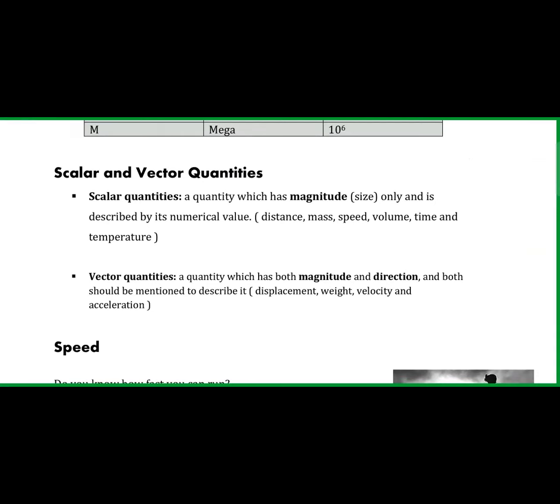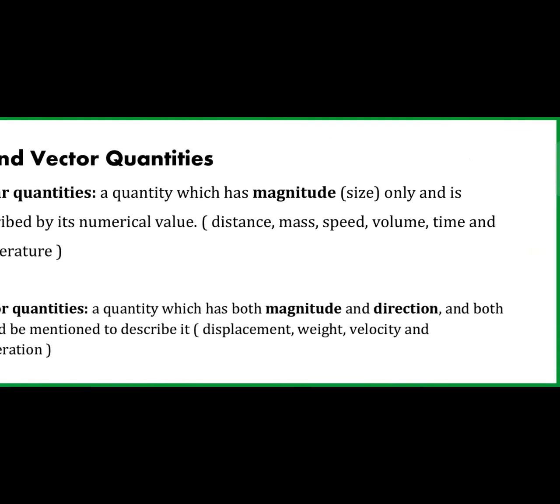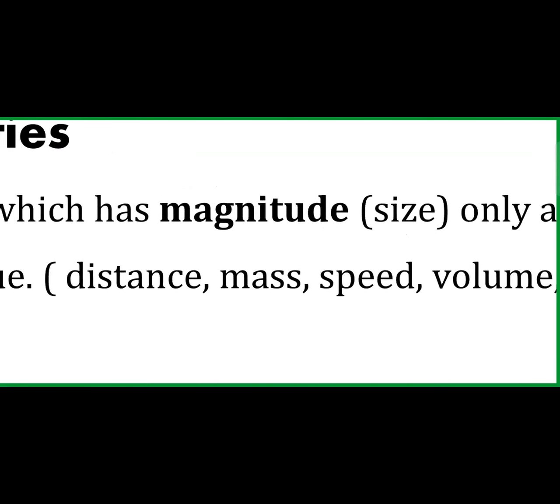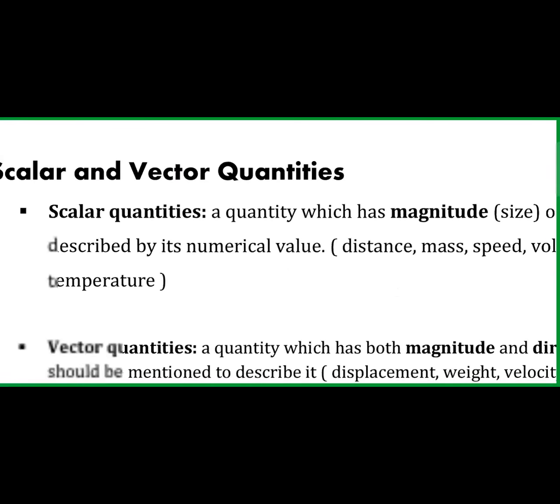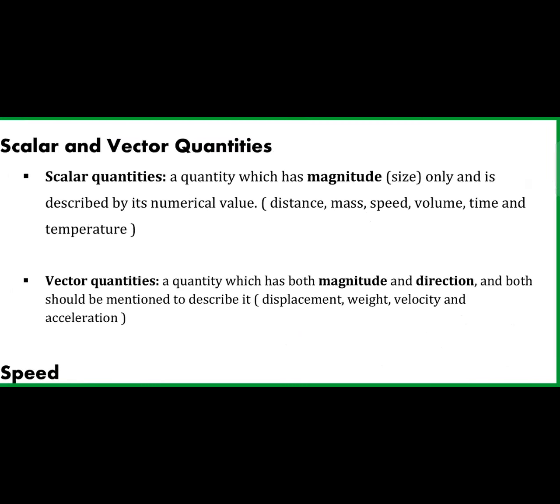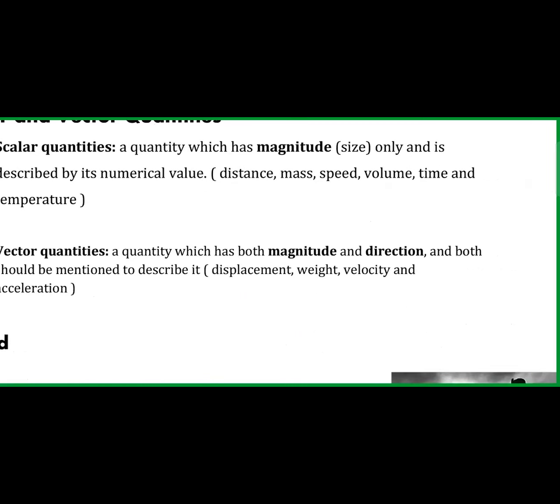Scalar quantities don't need anything except magnitude. A scalar quantity has magnitude, size only, and is described by its numerical value, like distance, mass, speed, volume, time, and temperature.